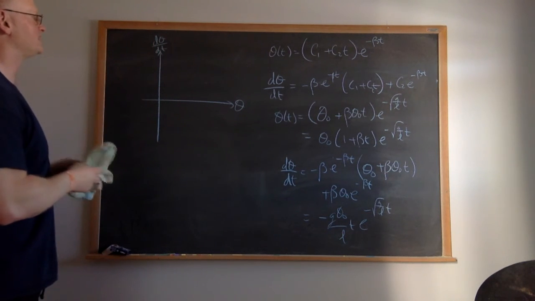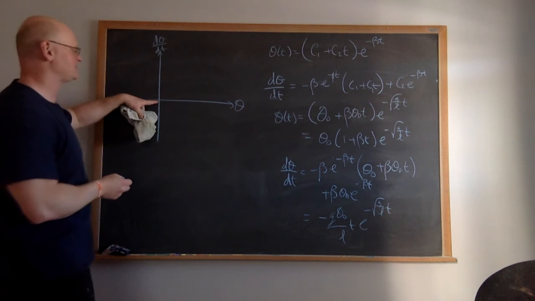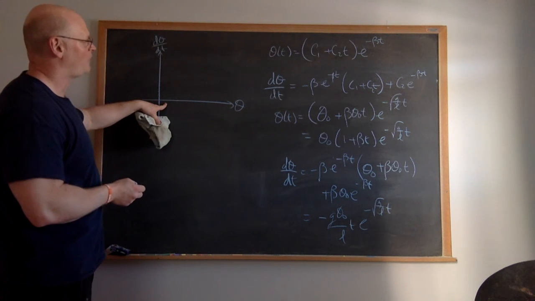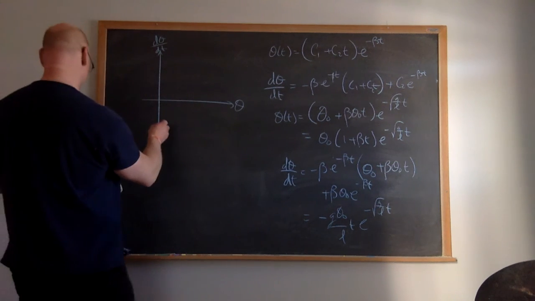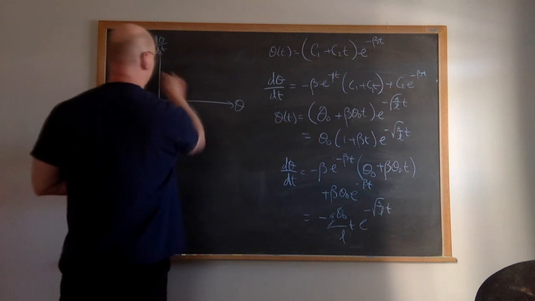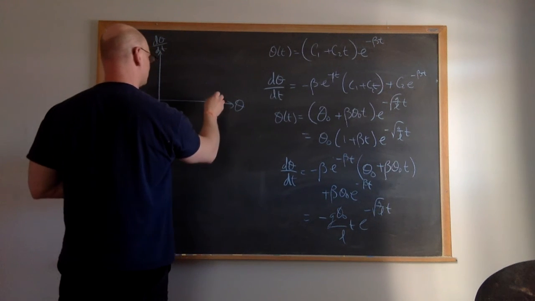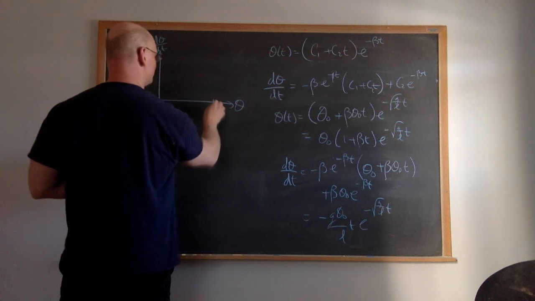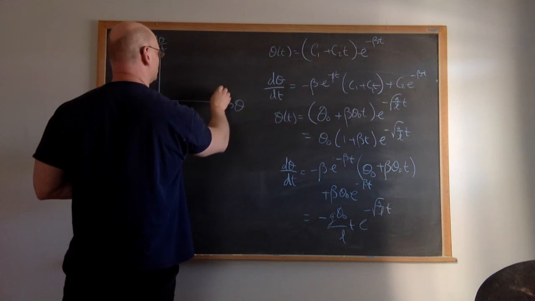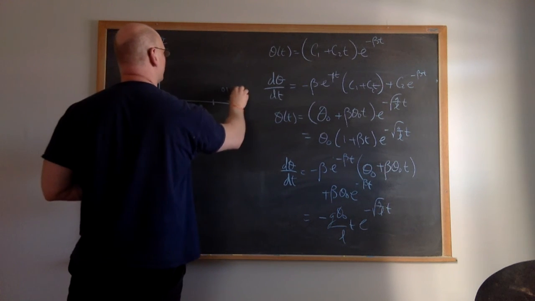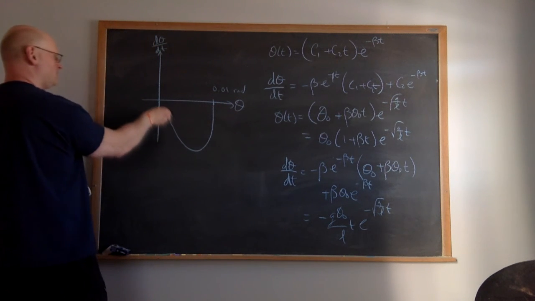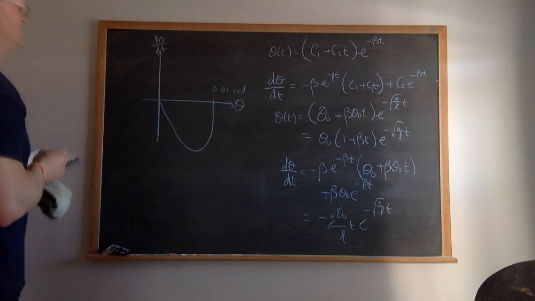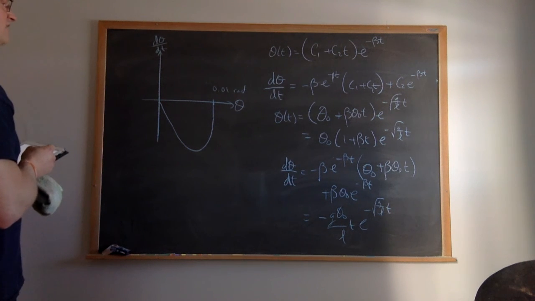Initially this starts off with 0 velocity, with the initial angle of 0.01 radians. And then this is going to end up doing this. So this is our phase space diagram.